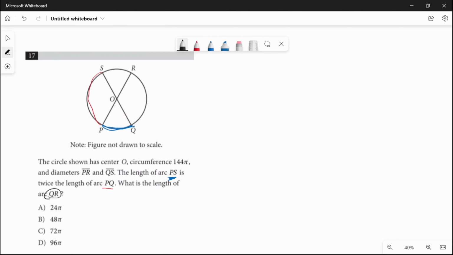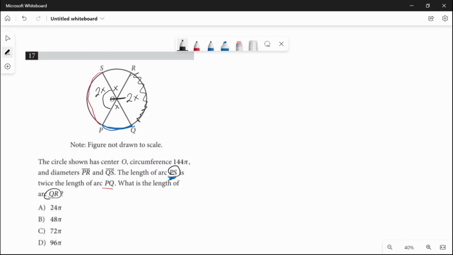So we need the length of this arc, and the length of this arc is similar to the length of arc PS, because both of these angles are opposite to each other, and opposite angles are equal. Now we know that this angle here is twice that angle, and we know that the total angles of a circle is equal to 360 degrees.